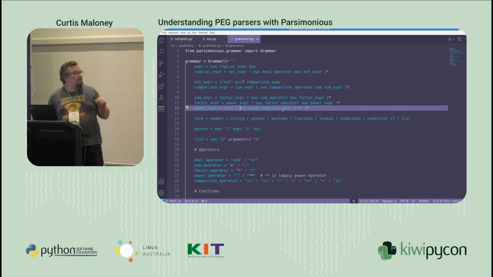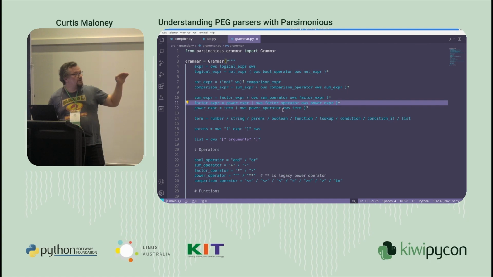Now, OWS is optional whitespace. This had to be introduced because of, I will explain, a rather annoying bug that we discovered through faker testing. Then we go up a level. So a factor expression, which is producing either a multiply or a divide, takes a power expression as an input.